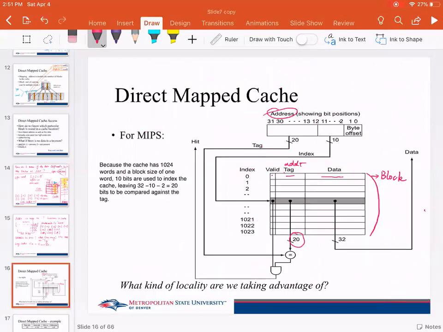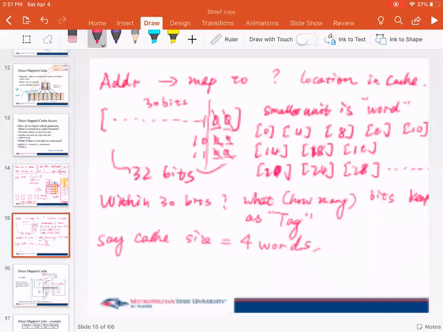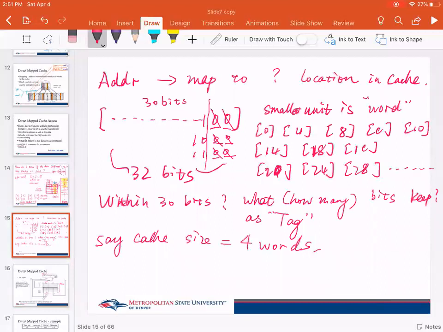For an easy example, suppose the cache has 4 blocks, each block is 4 words. Then number 4, number 8, number 12, those kinds of addresses will all share the same cache index. And I can simply take the cache index and use it as part of the address. So where is that part? It is, of course, here.